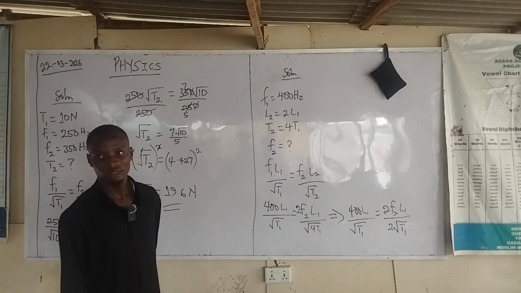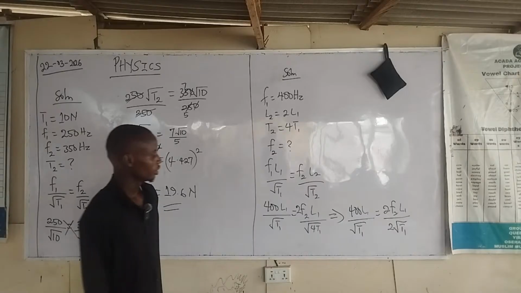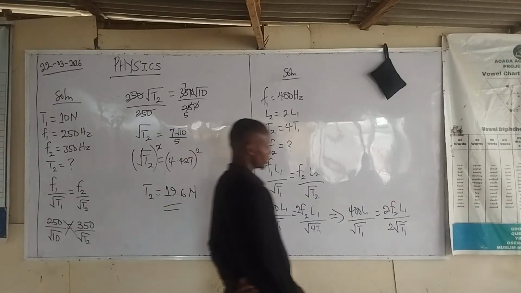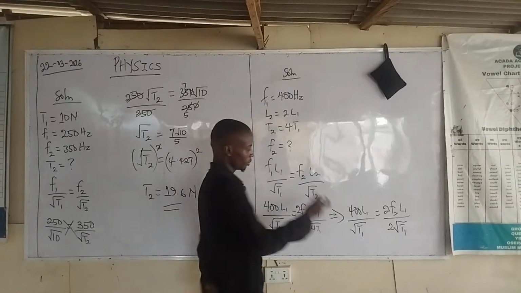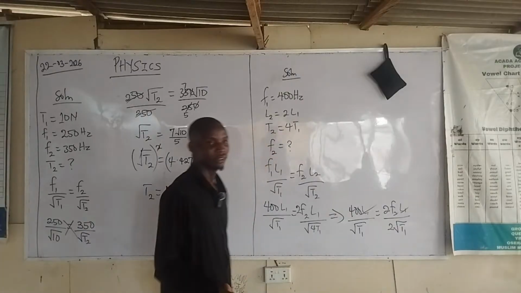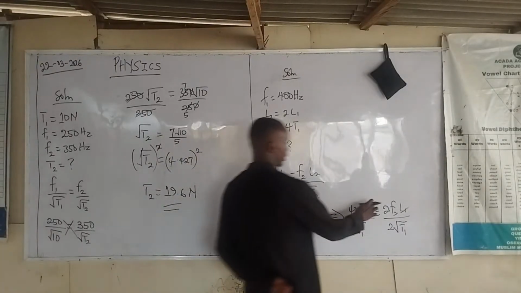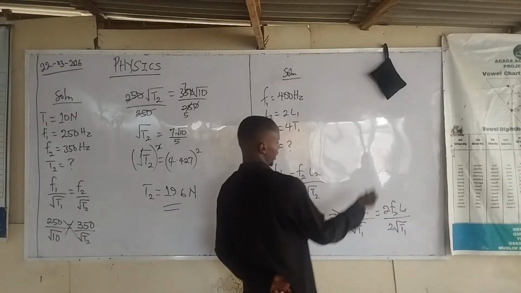Are we together? Precious, are we together? So from here we can say, which one can cancel out? L1 can cancel out. Don't let me scatter it. Let's cross multiply.